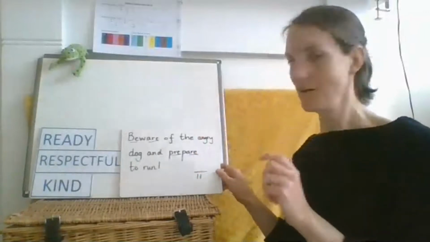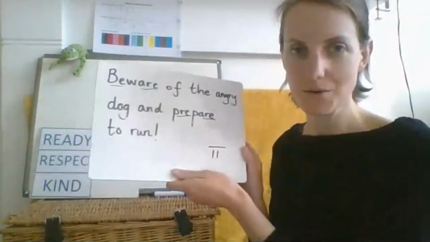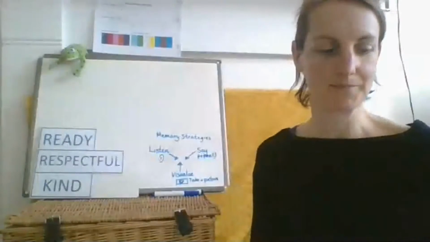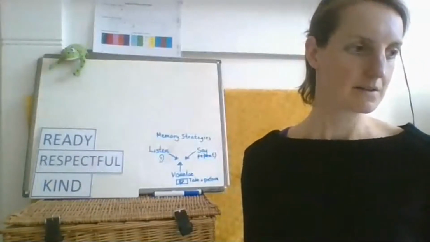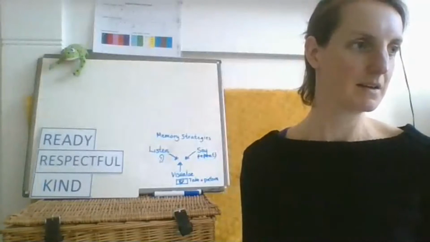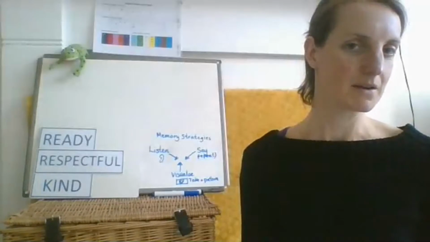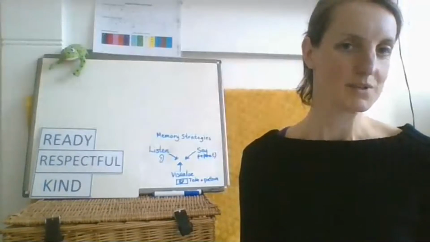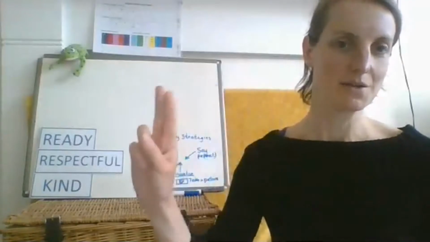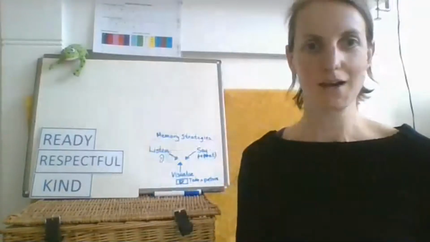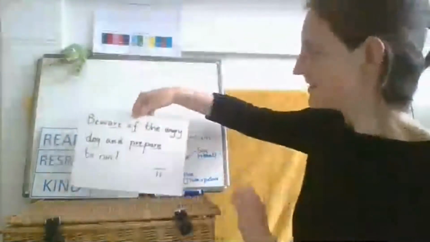Okay, I'm going to put it down. 3, 2, 1. 9 words. Tall capital letter. Exclamation mark. Pause the video if you need to. 3, 2, 1. There's our answers.